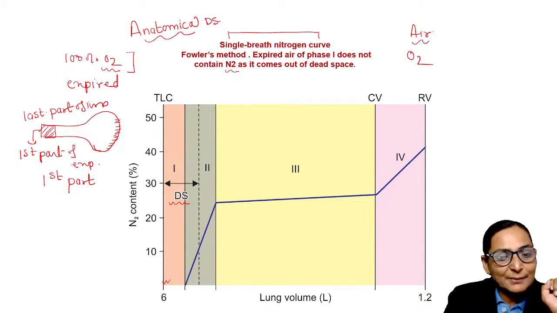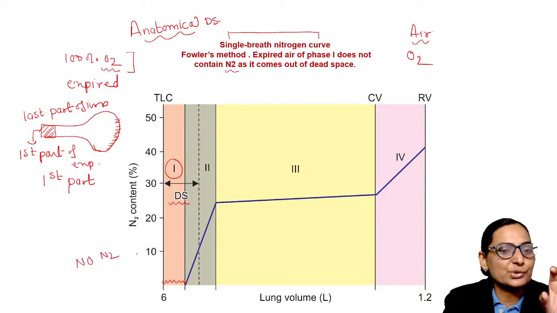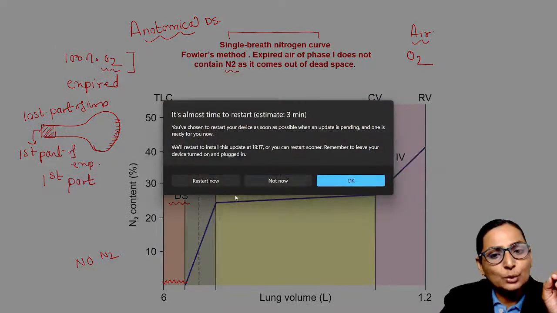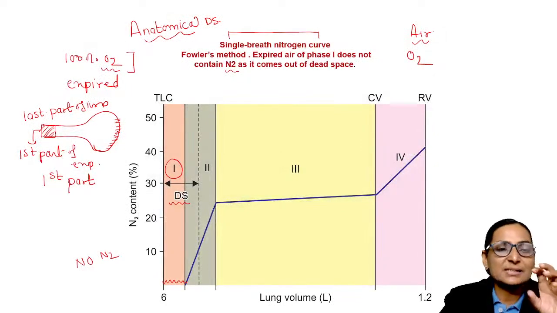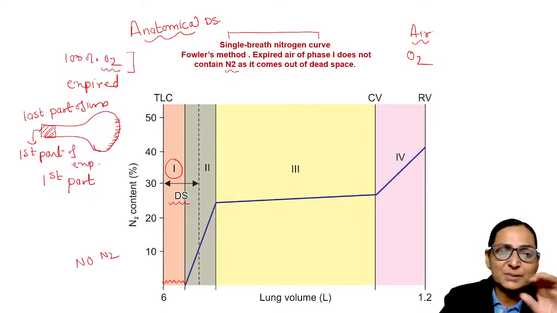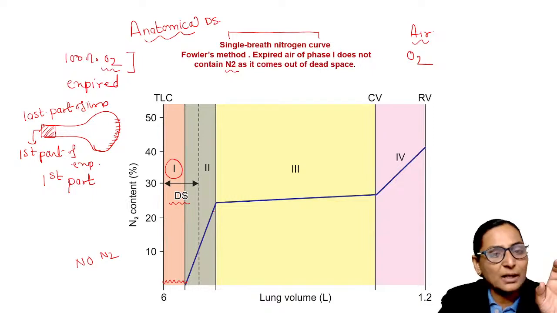So at this level of anatomical dead space, which is phase 1, there is no nitrogen. This space where there is no nitrogen tells us that this is purely anatomical dead space which does not take part in any gas exchange. It is just the conducting zone.